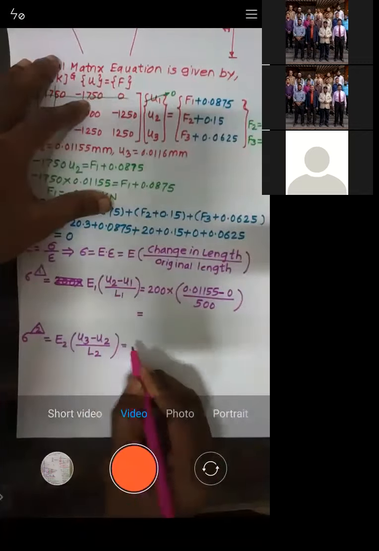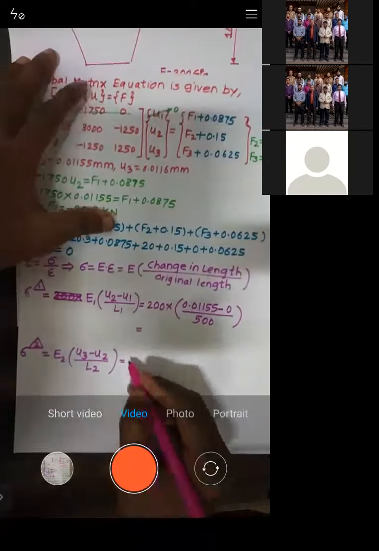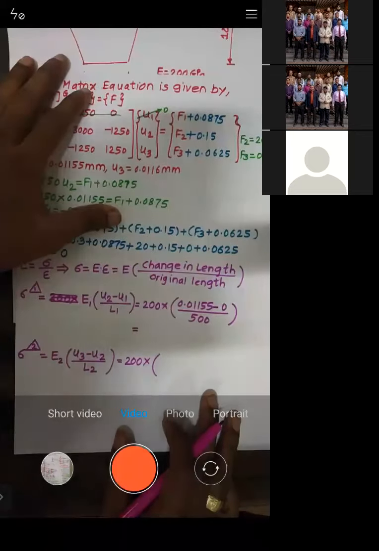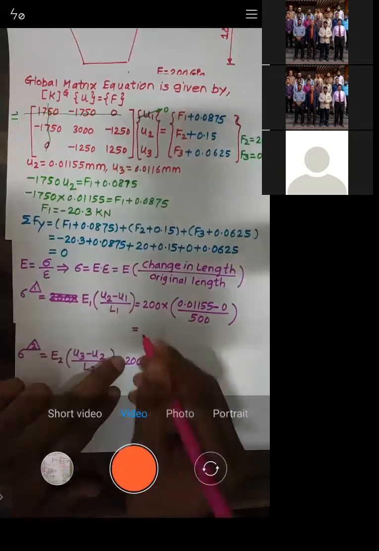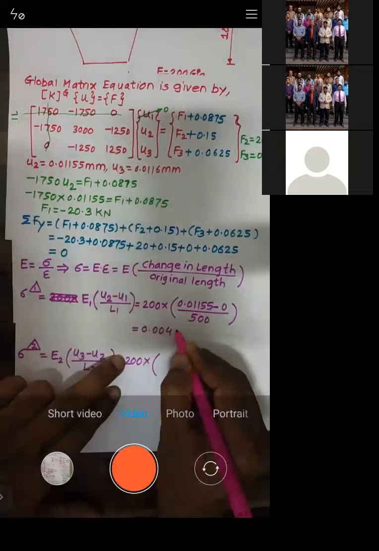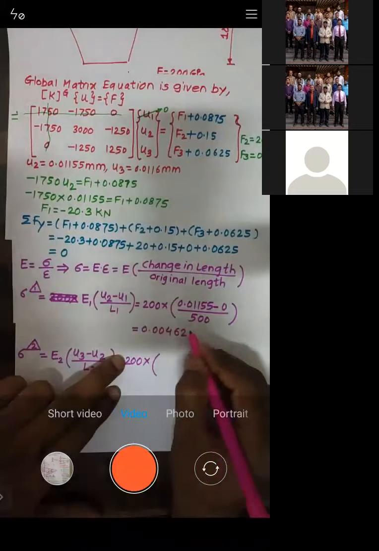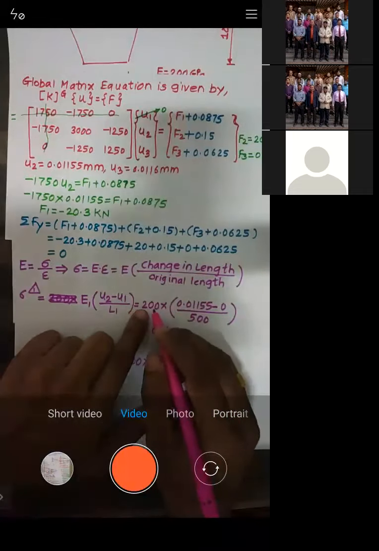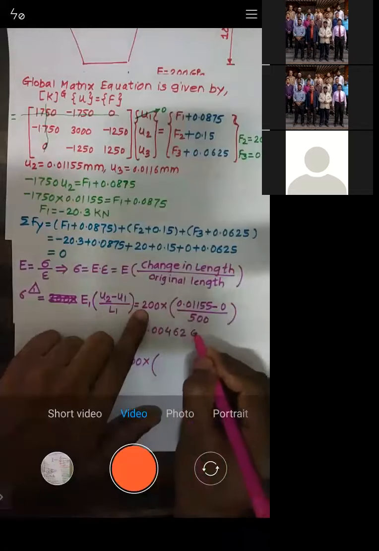E2 is again 200. What will be the unit? The unit of E is gigapascal.